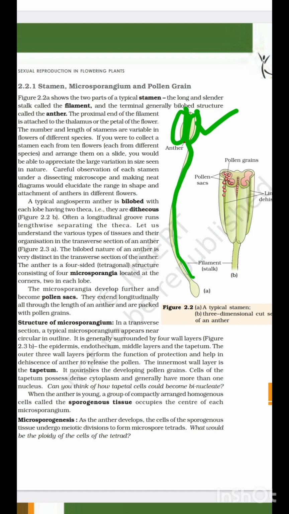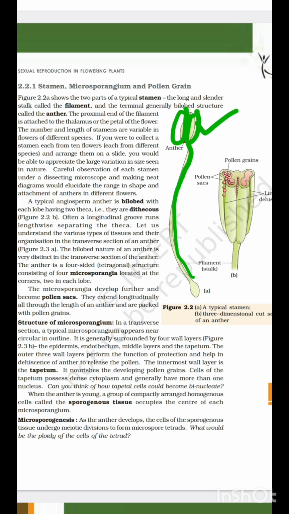So the size and number vary in different species, but the general structure of a stamen consists of a long slender, delicate filament and a terminal anther, which is generally bilobed.